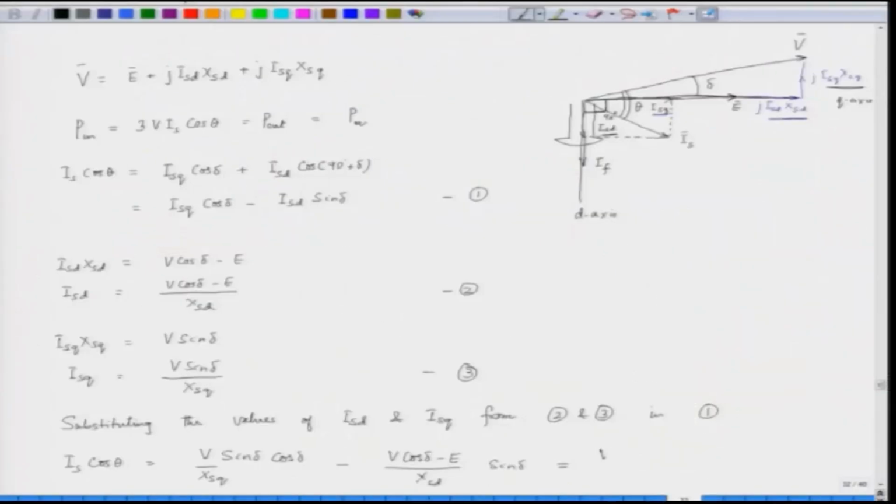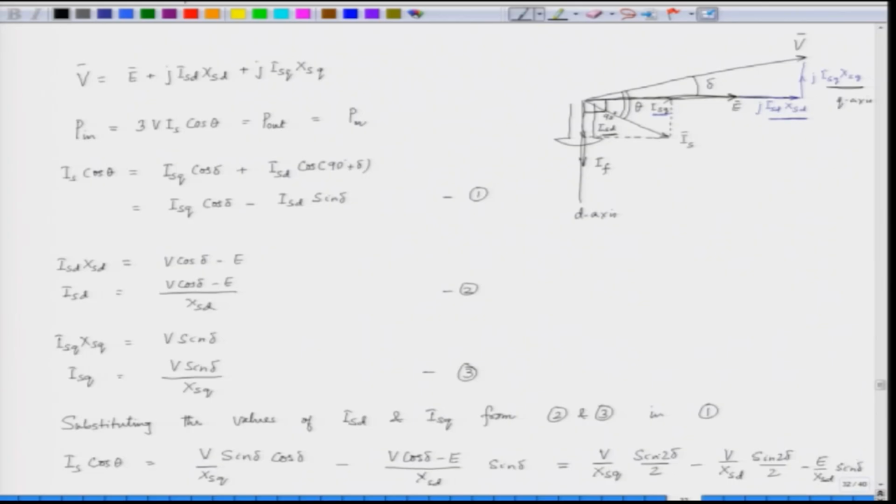We know that sin delta into cos delta is sin 2 delta by 2. So, we can further simplify this, that is equal to V by X S Q into sin 2 delta by 2, minus V by X S D into sin 2 delta by 2, minus E by X S D into sin delta.